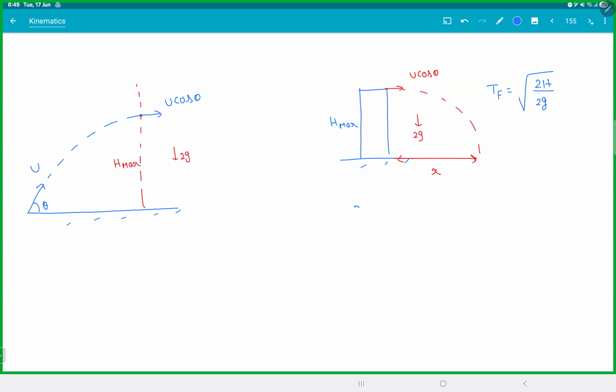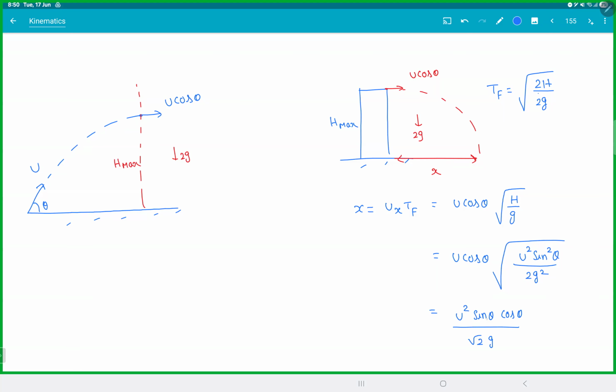So x is equal to horizontal velocity ux into time of flight, which is u cos theta, and the time of flight is root h by g. What is h? U square sine square theta by 2g square. So that thing comes out. You'll get u square sine theta cos theta by root 2g.